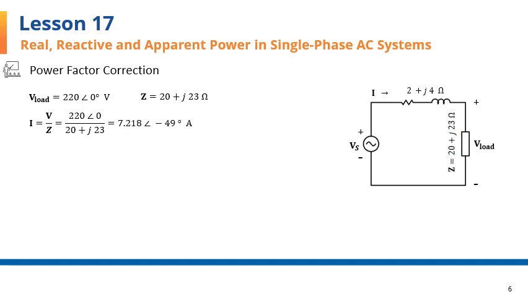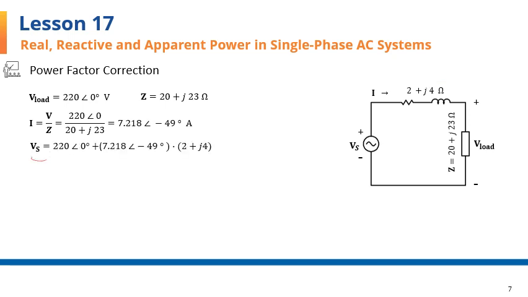Having the current, we can now find the source voltage by first finding the voltage drop across the line, across here, and adding it to this 220 volts that was the voltage of the load. Here it is.